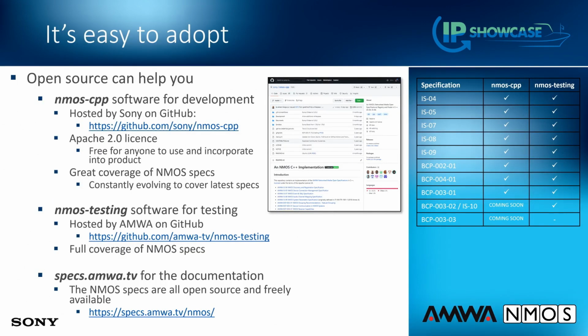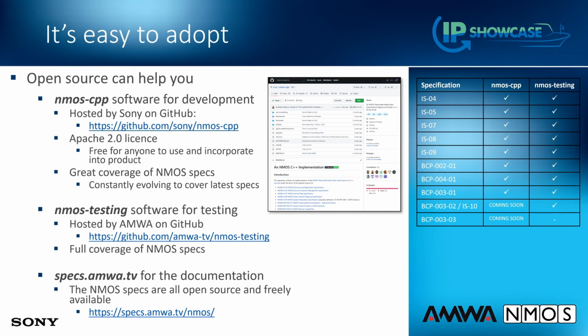So how can the open source help you? Well, it makes everything very easy to adopt. So at Sony, we took an initiative a few years ago to open source our NMOS C++ software as nmos-cpp. That's available for free on GitHub under an Apache 2 license, so anyone's absolutely free to use that and incorporate it in their products.